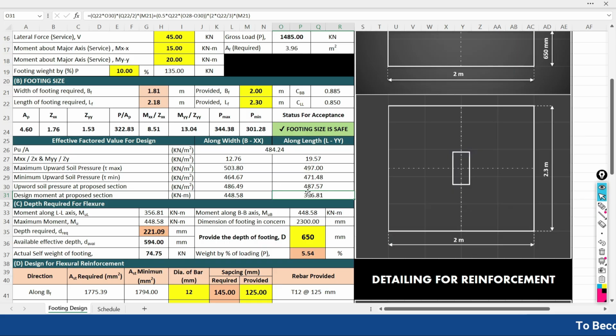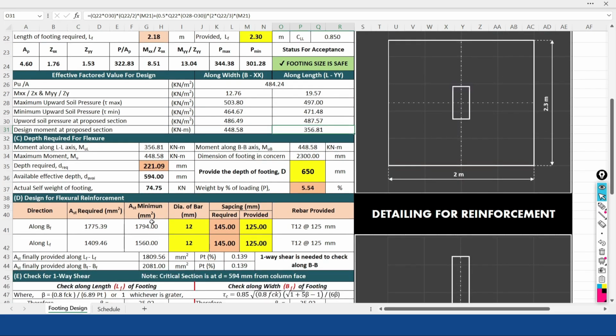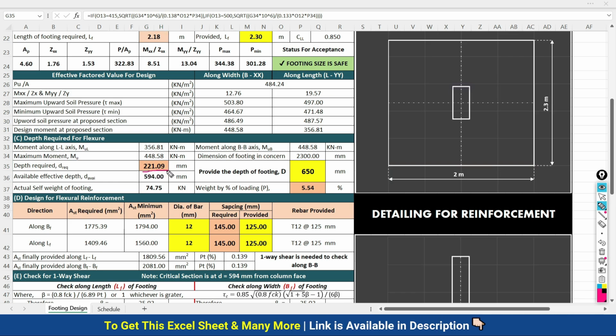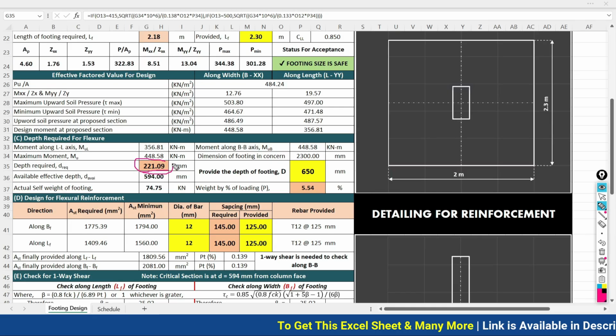This is all calculation the sheet has done accurately, and now we just have to finalize what depth of the foundation we should adopt. So here, as per the flexural requirement, the depth of the foundation is 221.09 in demand. So at least this depth we need to provide for the case of the flexure only.